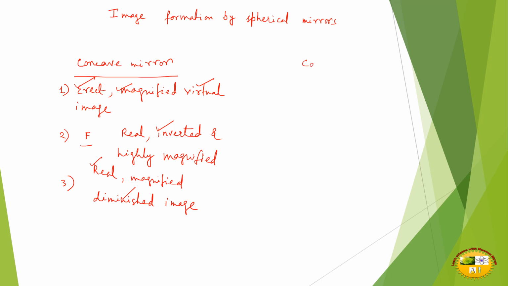So now if we see the convex mirror, the nature of the images is somewhat similar to the plane mirror: an erect and virtual image is formed by a convex mirror. The size of the image is diminished.